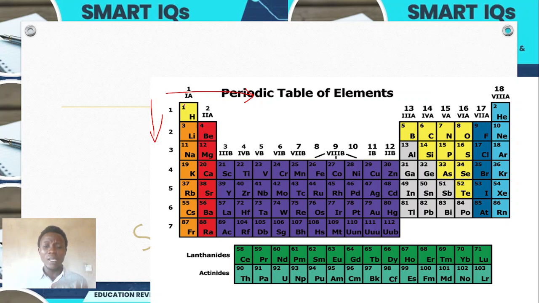So you can count and say that yes, truly we have more than 100 elements. And we say the groups are 18. So we have 1, 2, and then 3, until we get to 18. Good. That is 18.